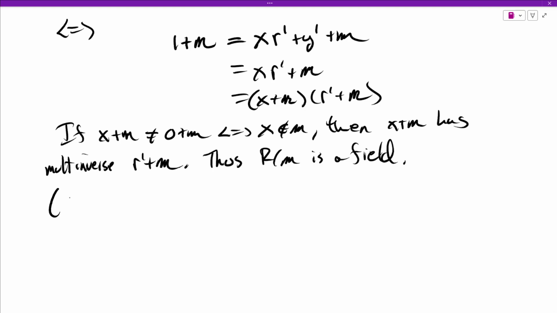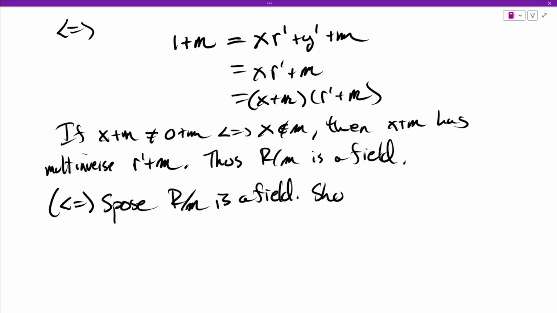For the backwards direction, we're going to suppose that R mod M is a field, and we want to show that M is maximal.